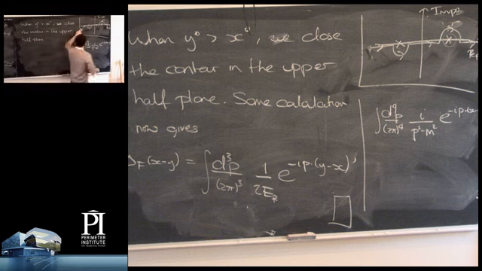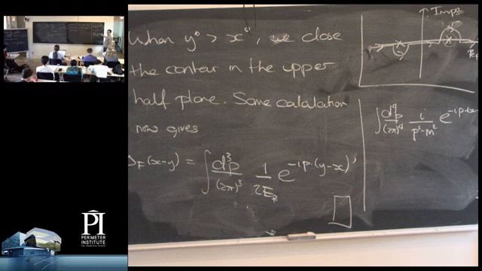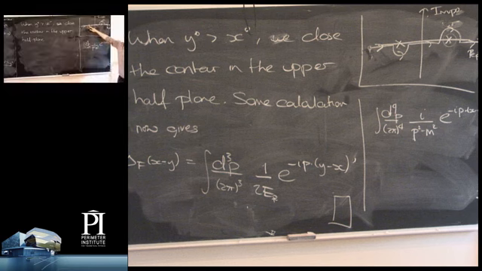So now, there was a sign flip in the p0 in the x0 minus y0. So in order to have this exponential decaying to e to the minus infinity, P0 should be plus i infinity, which means we go this way, which means we pick up this pole here.